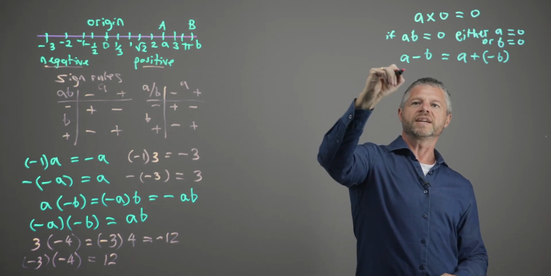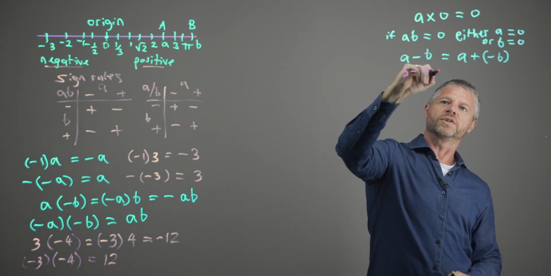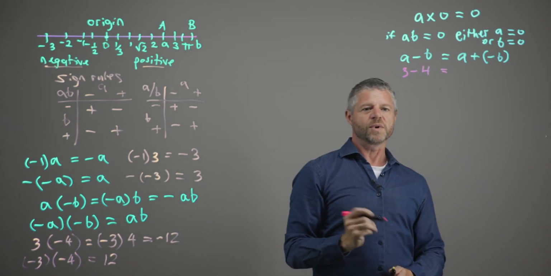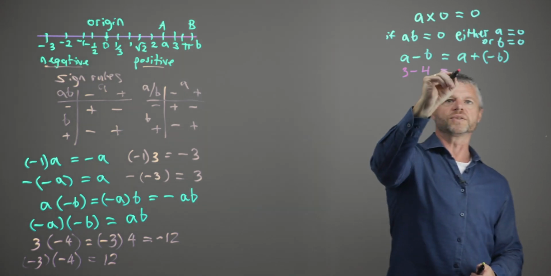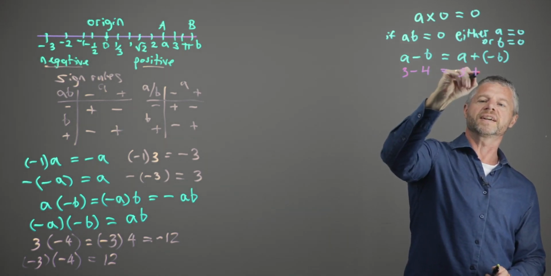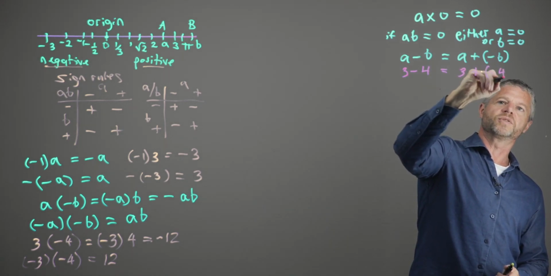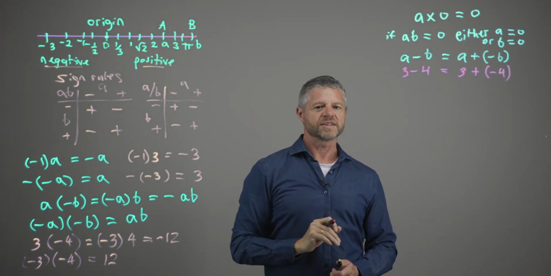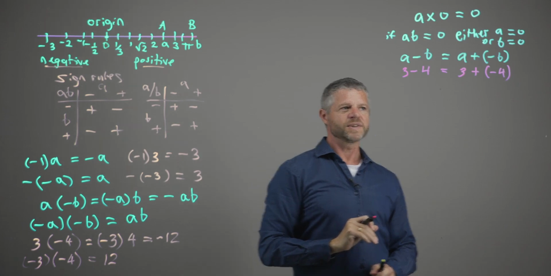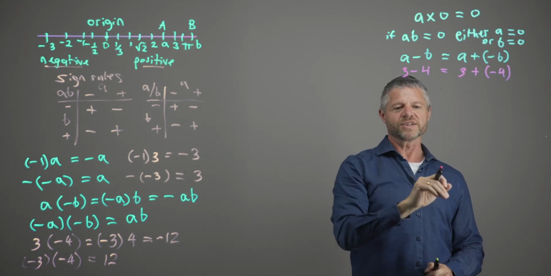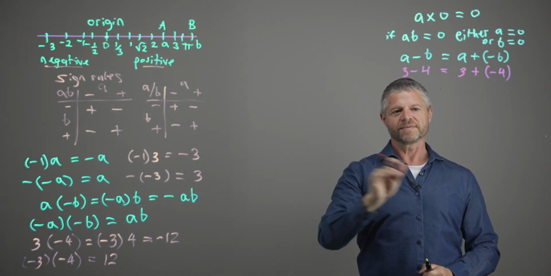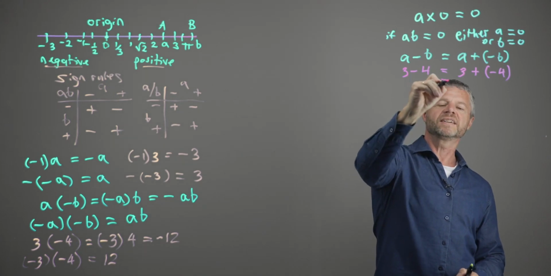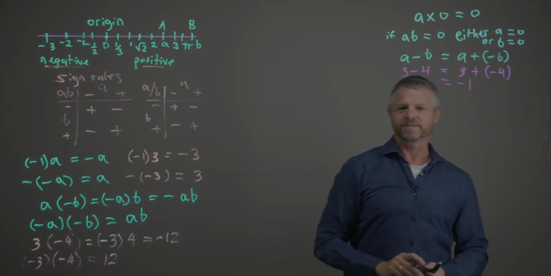Just as a quick example, if I had 3 minus 4, one way to solve that is to take 3 and add minus 4. And then we can think about it in terms of the number line. We're starting at 3 and then we're adding minus 4, so we're ending up on the other side of the number line again. We're ending up at minus 1.